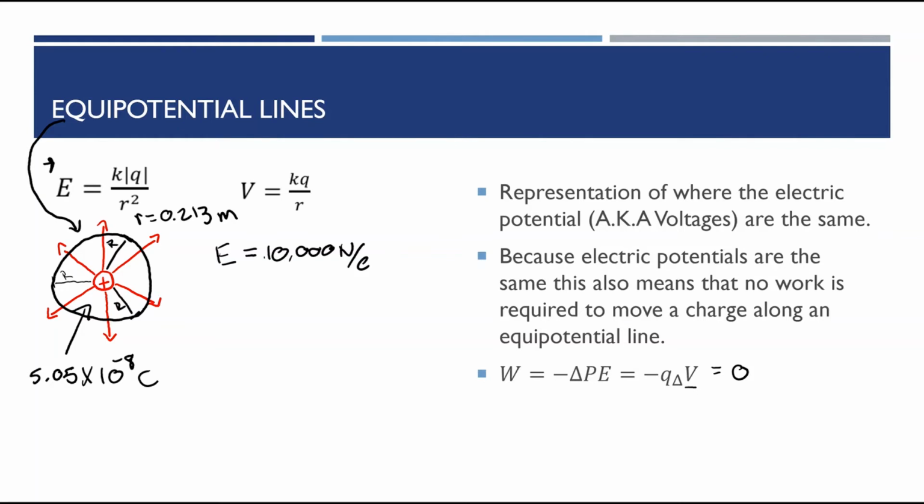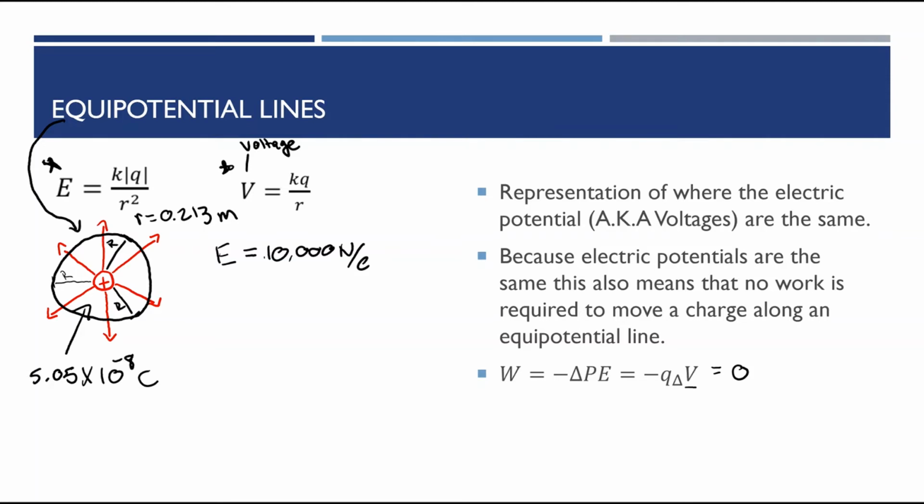So this is our electric field equation here, and very closely related is our voltage equation here. So V stands for voltage, and we know that our K is our constant, Q is the point charge, and R is the distance from the source.